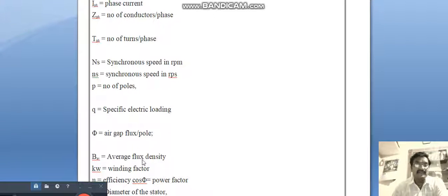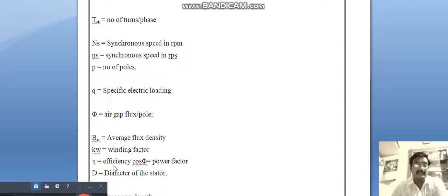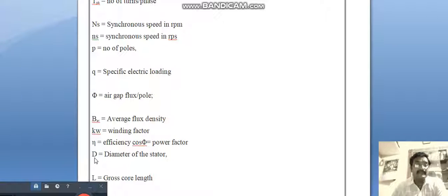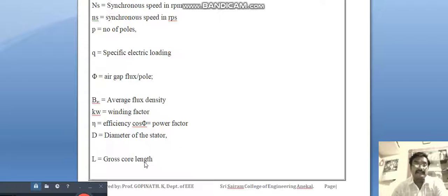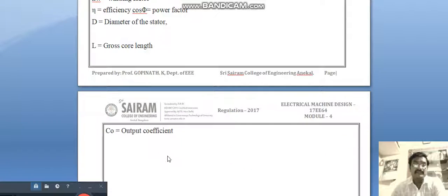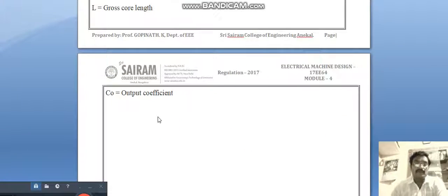B av is the average flux density or specific magnetic loading. Kw is the winding factor. Eta is the efficiency, and cos phi is the power factor. Capital D is the diameter of the stator and L is the core length of the rotor. C naught is the output coefficient.